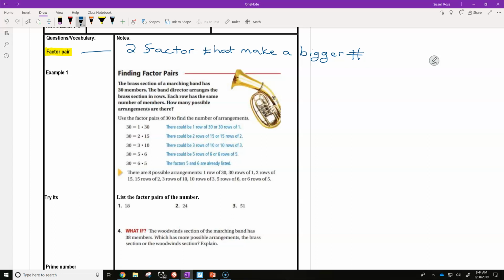Just for fun, before we get into our lesson, can anyone give me a factor pair for 12? You can even have the infinity ball. What's a factor pair of 12?